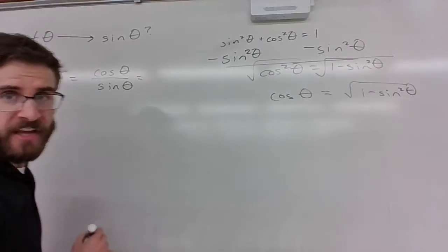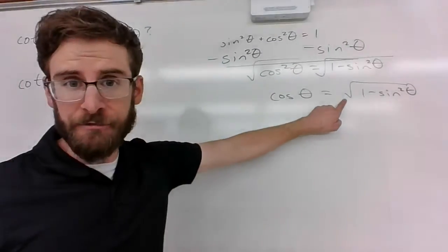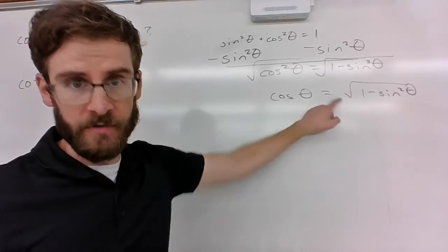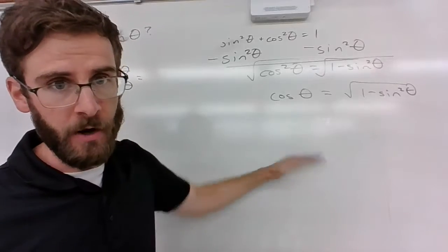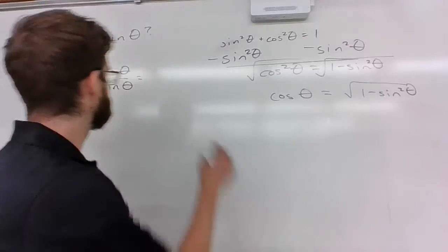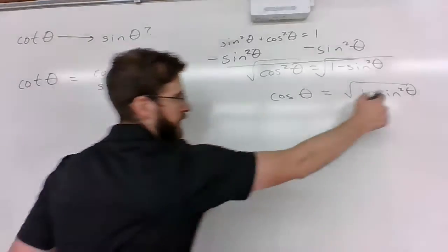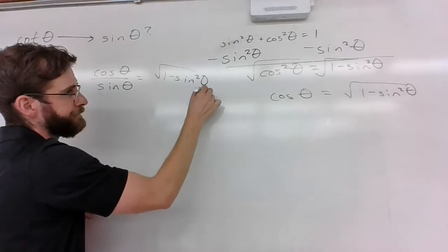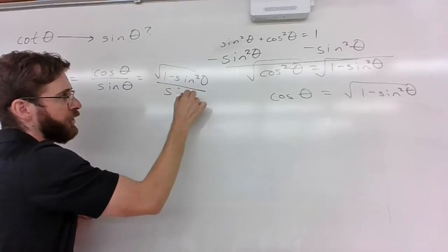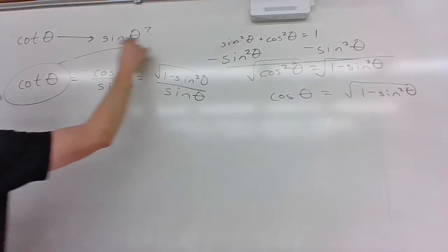So cosine of theta is equal to the positive square root of 1 minus sine squared, because it's an acute angle and must live in the upper right first quadrant. So plug that in for cosine, and you have successfully written cotangent in terms of sine.